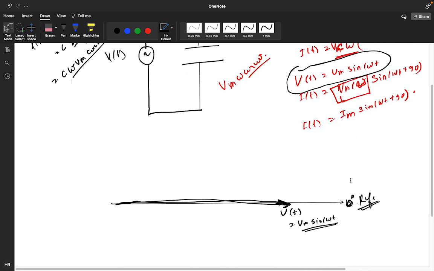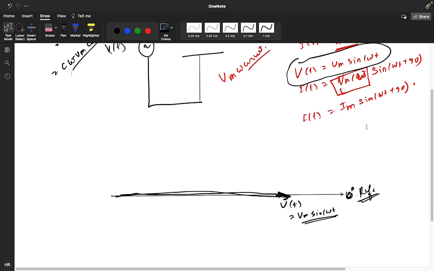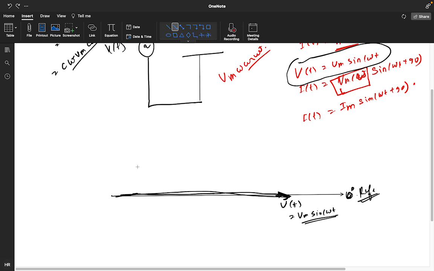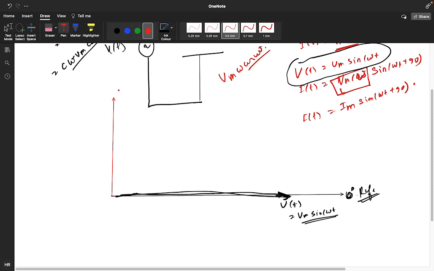Can anyone tell me what will be the I of t curve? It will be leading by 90 degrees with respect to the reference. So this is your curve for I of t, which is leading by 90 degrees, because from the reference we are moving anti-clockwise, and anti-clockwise means leading.